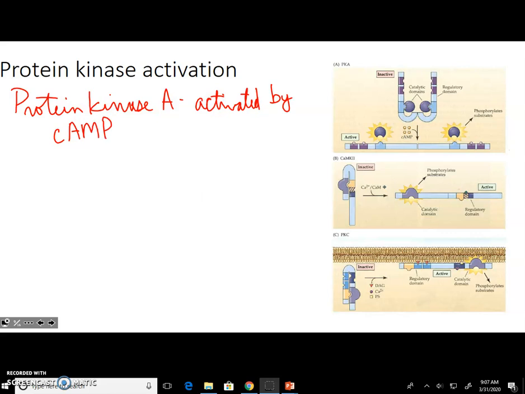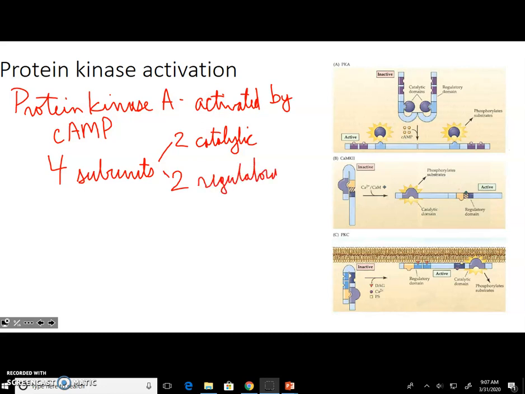PKA has 4 subunits. So again, it's a protein, 4 subunits. There are 2 domains that are catalytic. And then there are 2 domains that are regulatory. So it's at the catalytic domains where phosphate groups will be transferred. Okay. The cyclic AMP is able to bind the regulatory subunit.